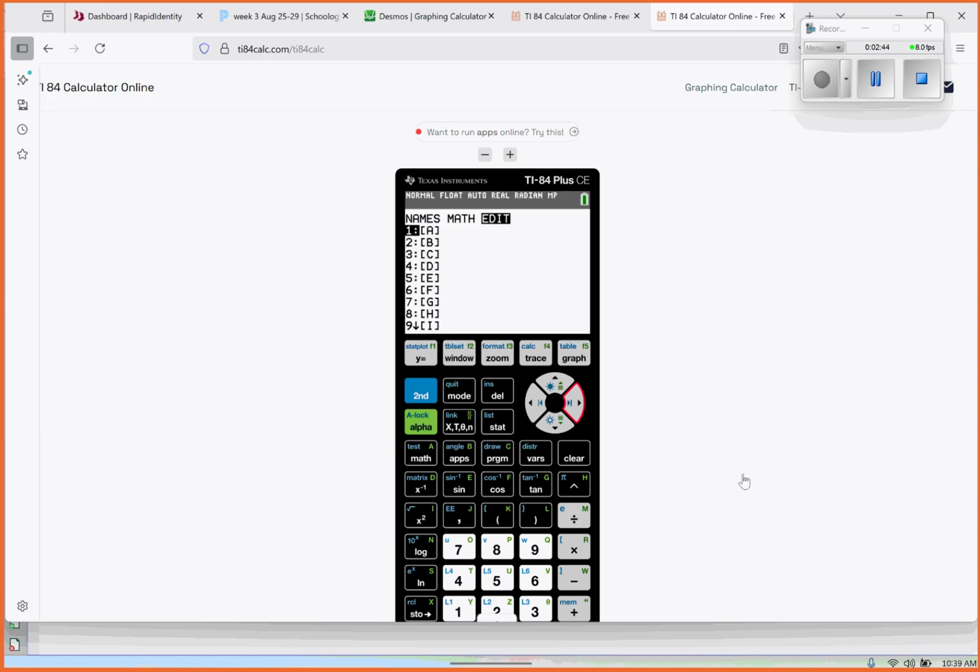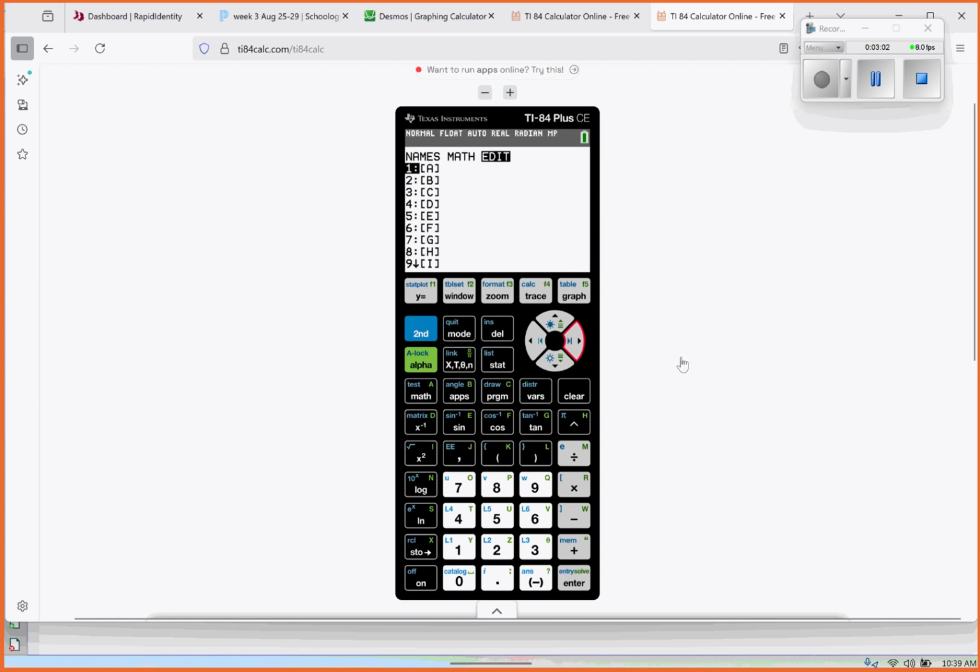Yep. Second X and minus 1. Everyone get there? Cursor over to where it gets to edit. So make your screen look similar to mine. And this is ready for us to start editing.